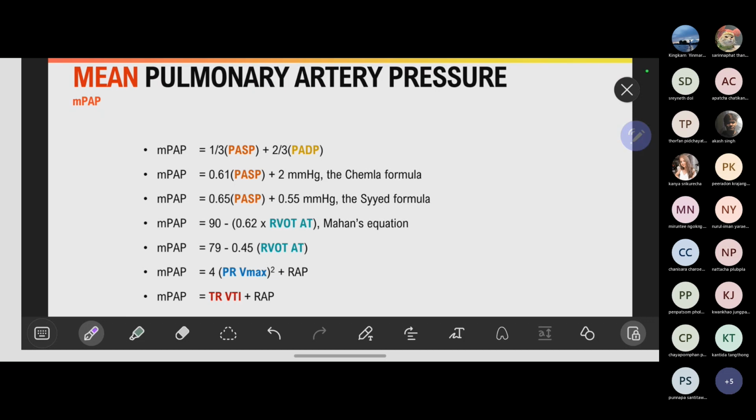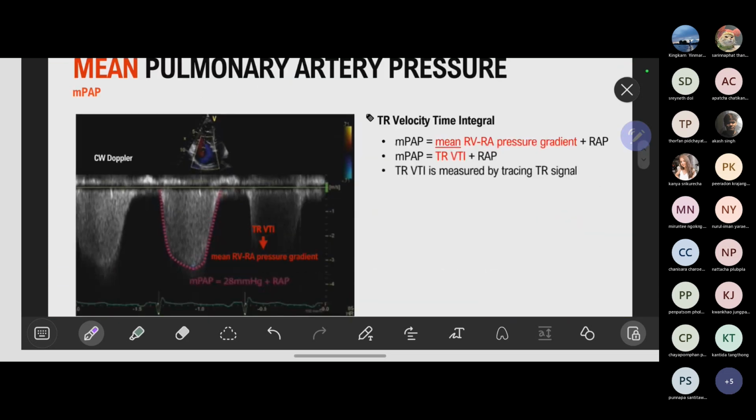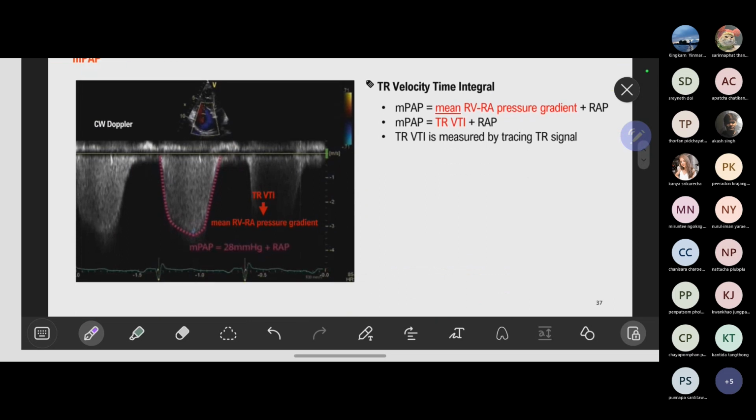And these are methods of calculating mean pulmonary artery pressure by Doppler echocardiography. You see, most of the mean pulmonary artery pressure was calculated by using PASP, which is estimated from TR velocity. This method is used when the TR signal is well presented.